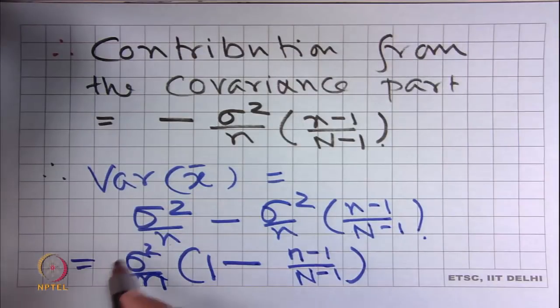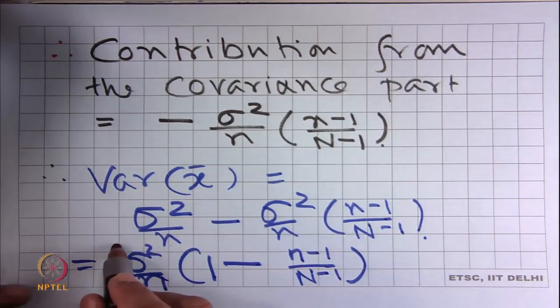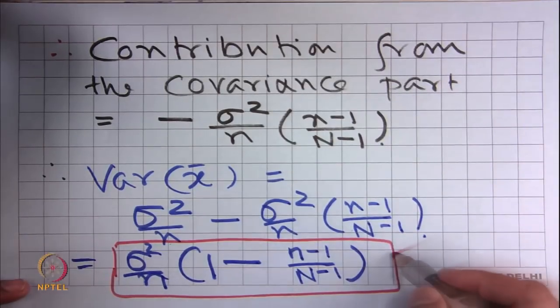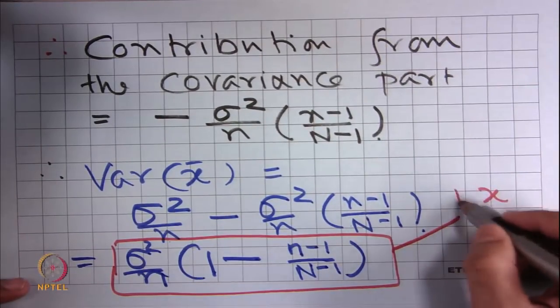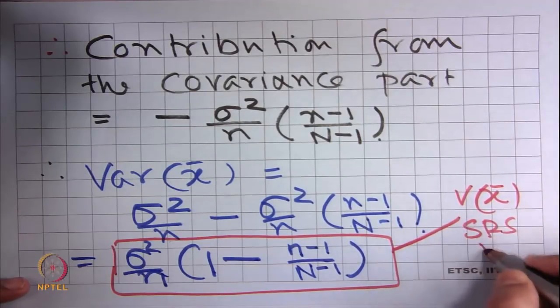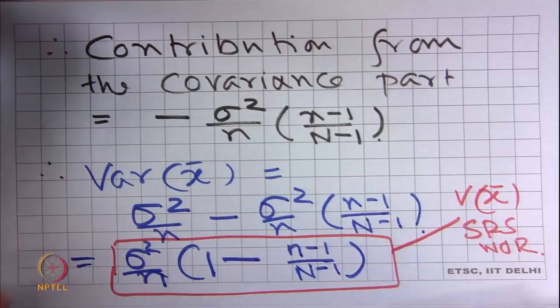So, this is the variance of x bar when SRS WOR.